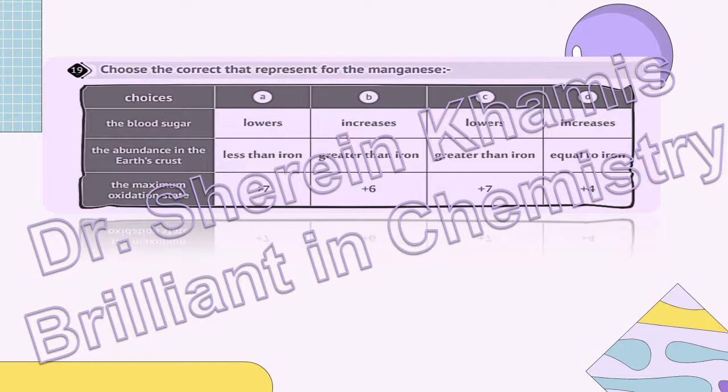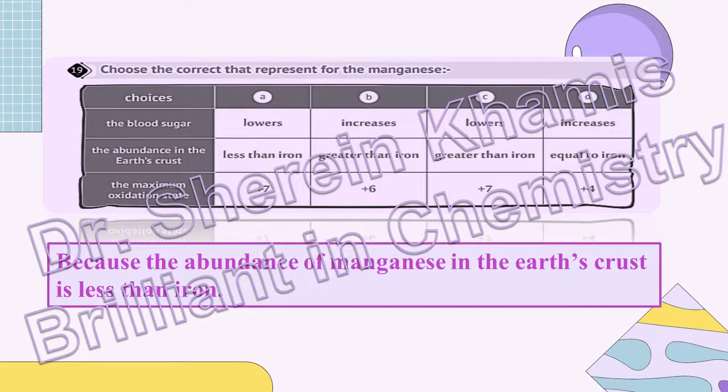So we have here manganese will be less than iron. If we take the point of comparison in choices A and C, choice A and C will be right, but the right one will be letter A, as the abundance of manganese in Earth's crust will be less than iron. So the right answer will be letter A.